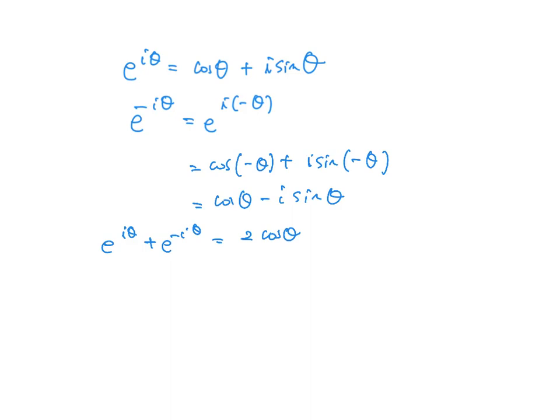The I and minus I cancel each other. So we have cosine theta is exponential I theta plus exponential minus I theta over 2. So that's probably the definition of cosine theta as well.